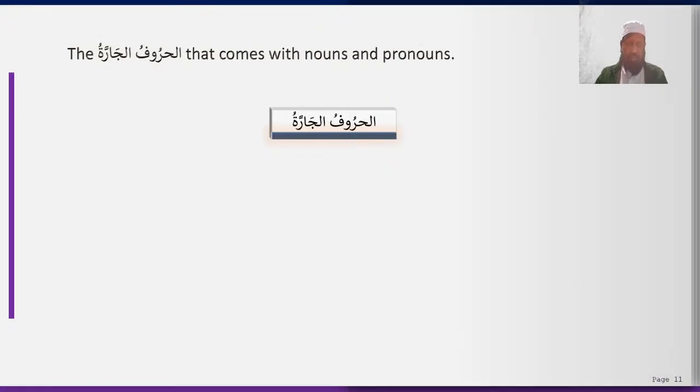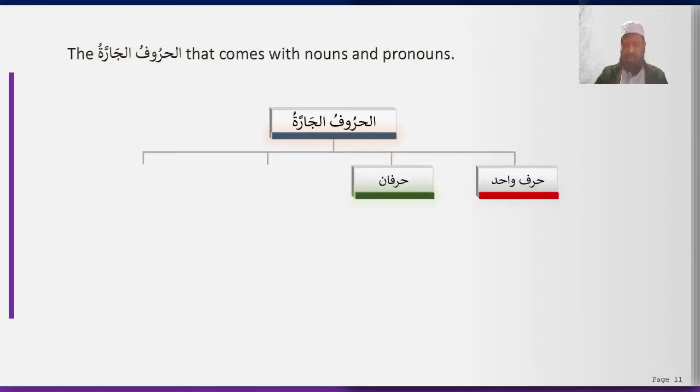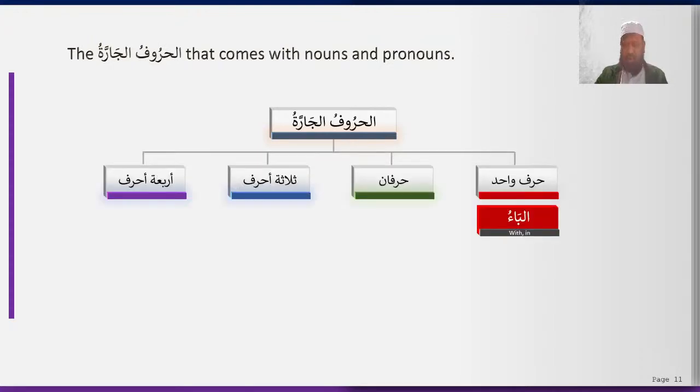Then we have حروف الجر that come with nouns and pronouns both. So they are the 1-letter words ba and lam. Only these 2 come with nouns and pronouns.